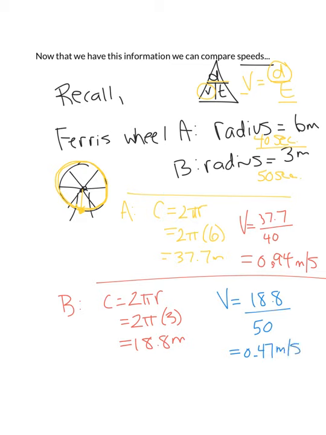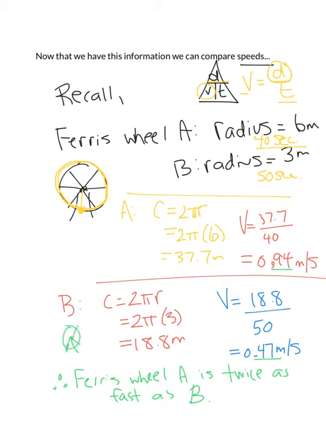The last thing that I could say here is that Ferris wheel A is way faster. When I look at it, it's actually twice as fast. So Ferris wheel B is shorter and it's also slower. So I'm going to assume Ferris wheel B is the little itty bitty kitty Ferris wheel.